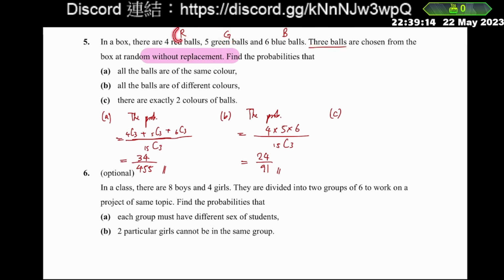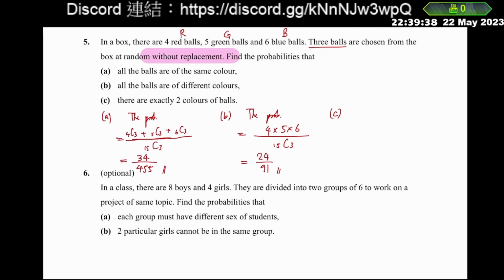Therefore, it can be 2 red, 1 green, or 1 red, 2 green, or the similar things for other cases. But you can see there are in fact many cases to consider, because even just red green can be 1 red 2 green, or 2 red 1 green, and there are also red blue, and also green blue. There are too many cases.